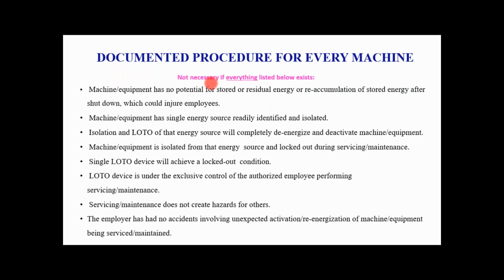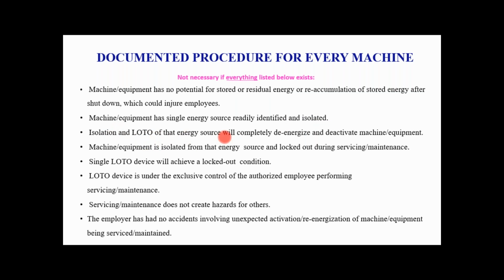So we have to confirm that the stored energy or the residual energy is eliminated from that machine or the equipment. The machine equipment has a single energy source, readily identified and isolated. So this is the single energy source, and it is isolated from the energy source.